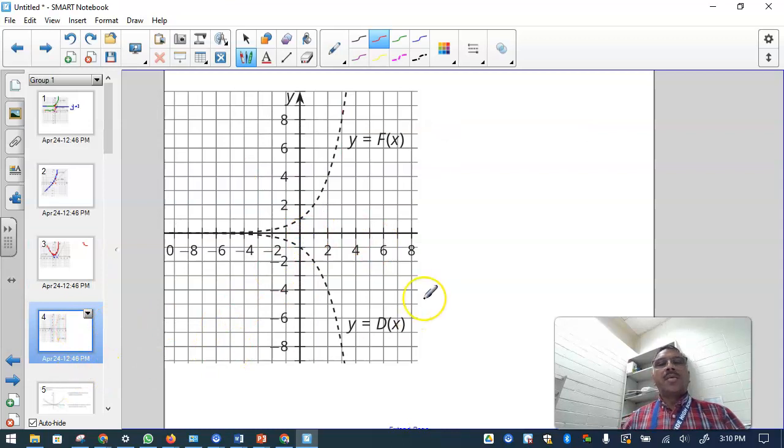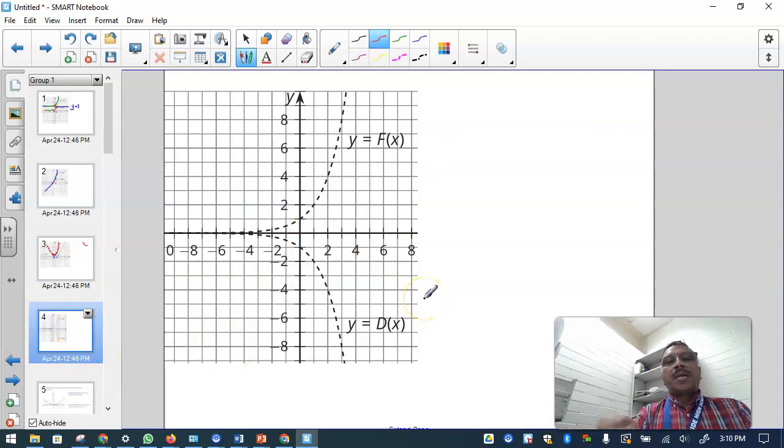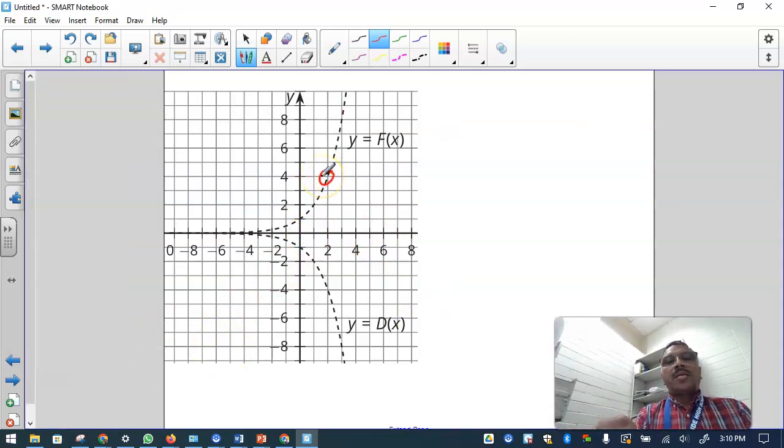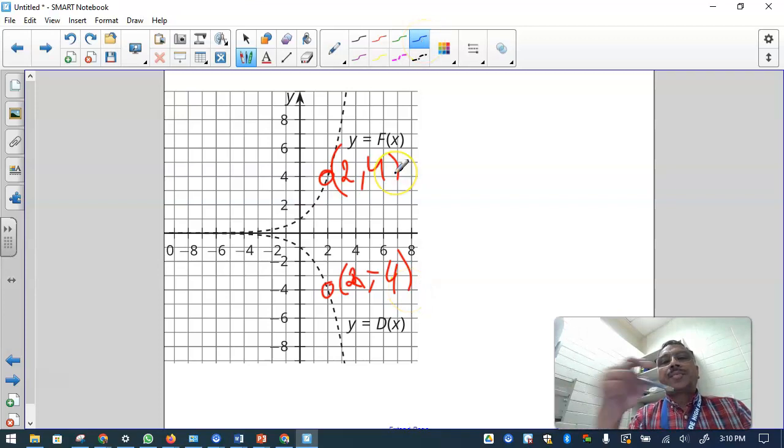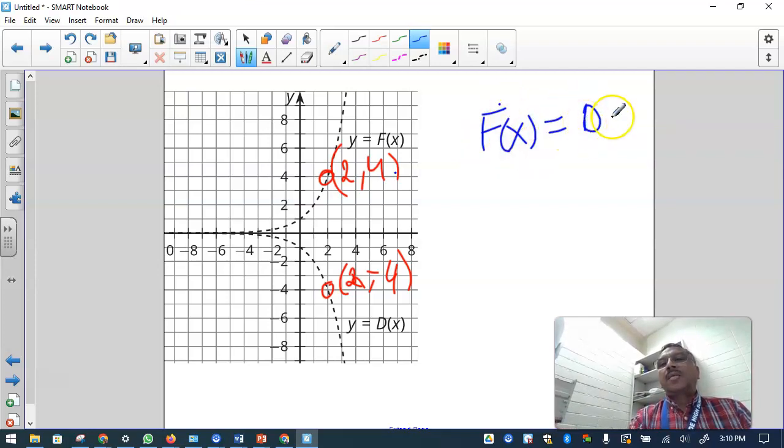What about here? And you will see here in this case, any point you take here, this is 2 and 4, right? And if you see this point, it is 2 and minus 4. So write this down on your paper, 2, 4. You are adding f of x to g of x.